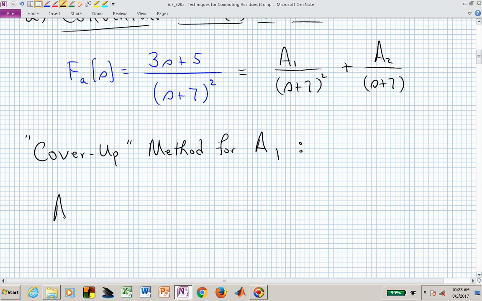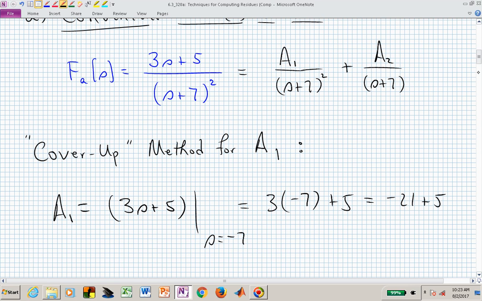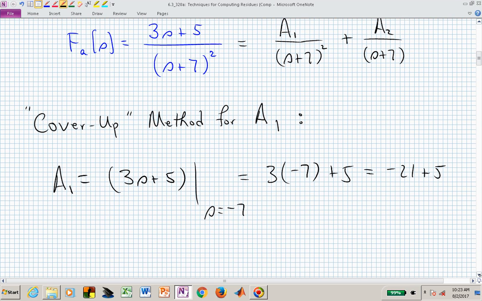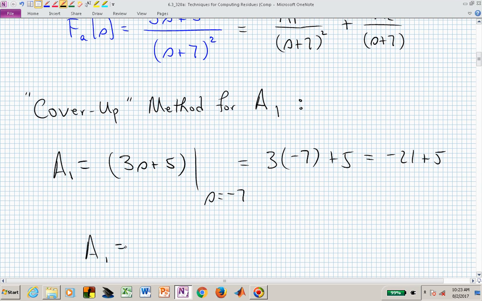The cover-up says multiply both sides through by what's underneath a sub 1, which is (s plus 7) squared. So on the left we have 3s plus 5, and we evaluate that at s equal to minus 7, which gives us 3 times minus 7 plus 5, or minus 21 plus 5, so a sub 1 is now minus 16.